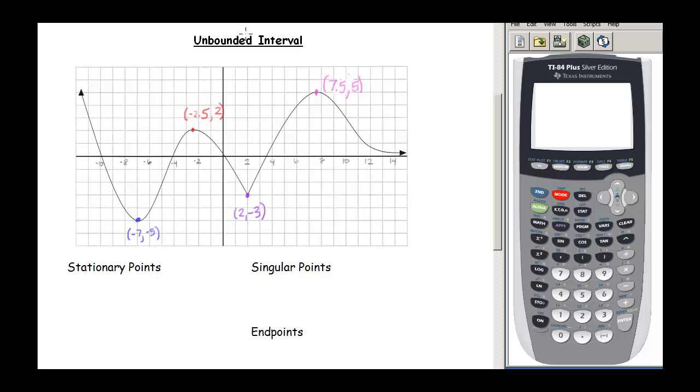Notice at the top it says this is an unbounded interval, and if we look at our domain here, see how I have arrows here and an arrow here? That means our domain goes from negative infinity up to infinity. Our function is defined for all x values, so clearly this would not be a bounded interval because it extends towards infinity in either direction.